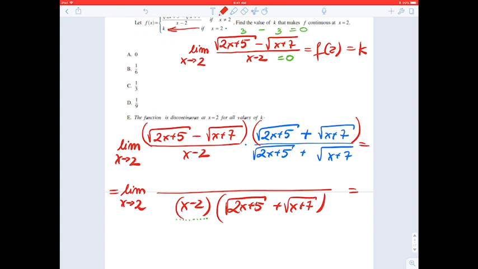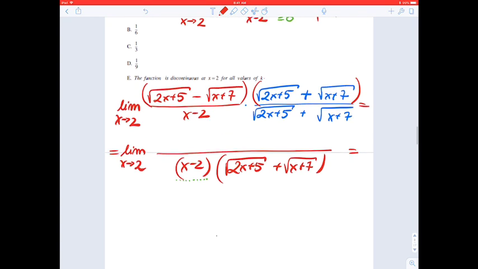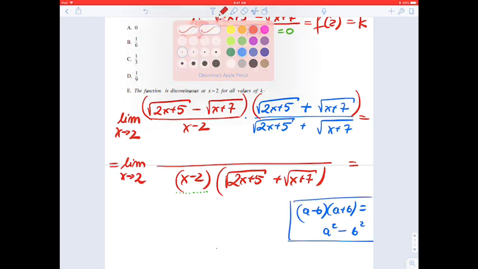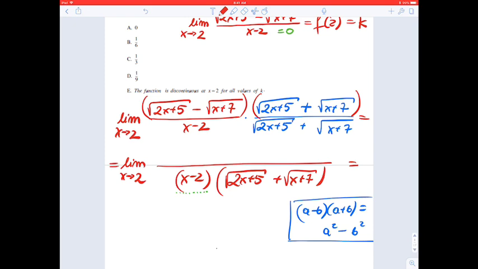How can I multiply the conjugate expression? I can write a formula on the side. If we have a minus b and then a plus b, I square the first quantity, square the second, and put a minus between them. If I square the square root of 2x plus 5, just 2x plus 5 stays.